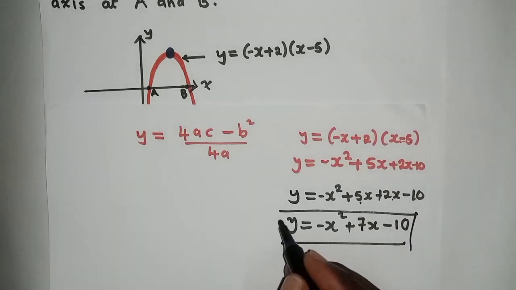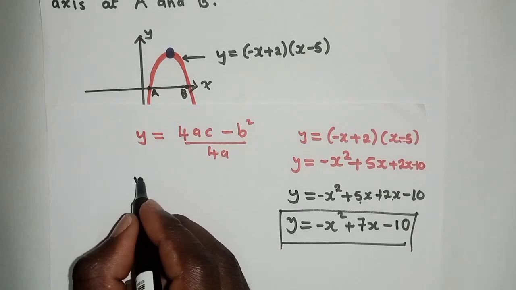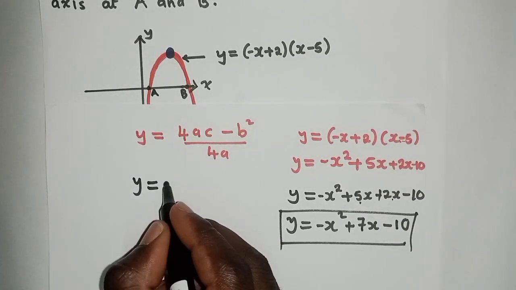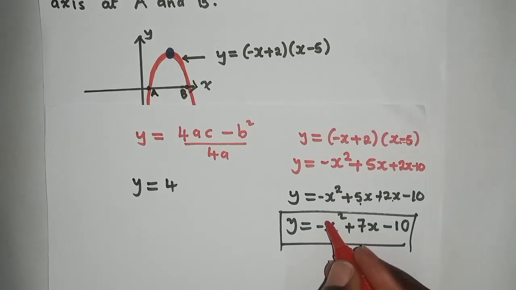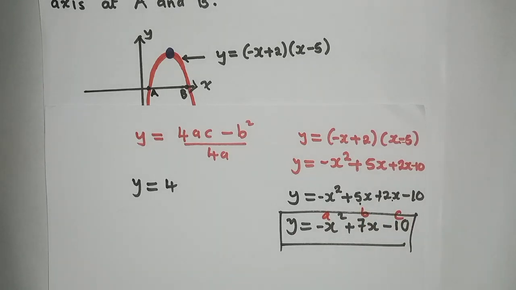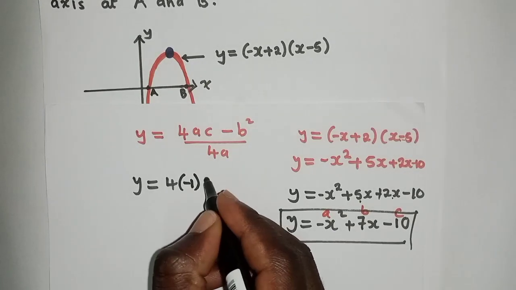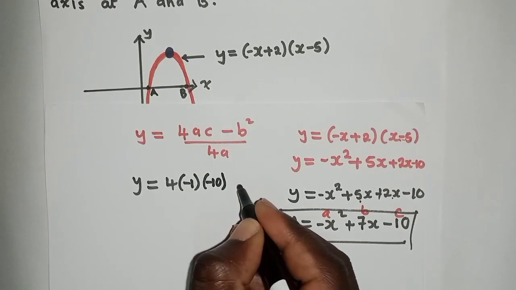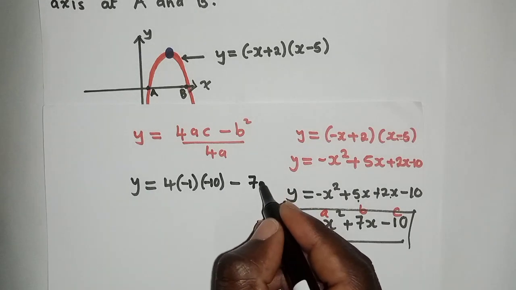This is what we need right here. Since it's in standard form, we can now plug in. We know that this is the A right here, B is here, and C is right here. So our A is -1, our C is -10, our B is 7 to the power 2.